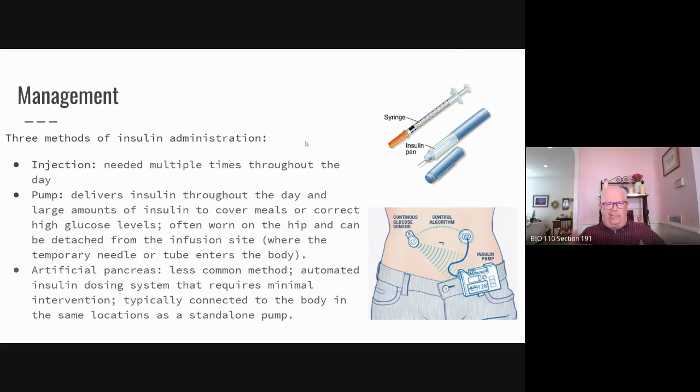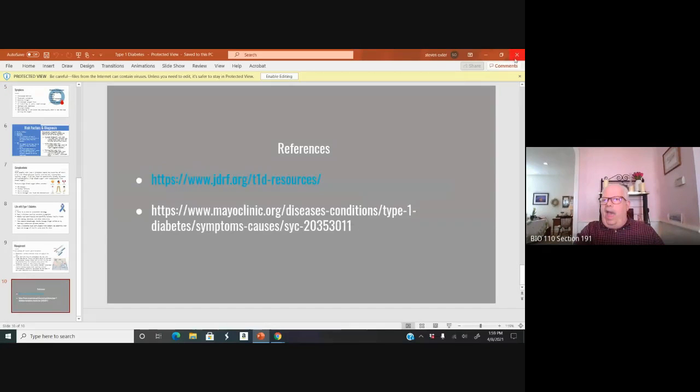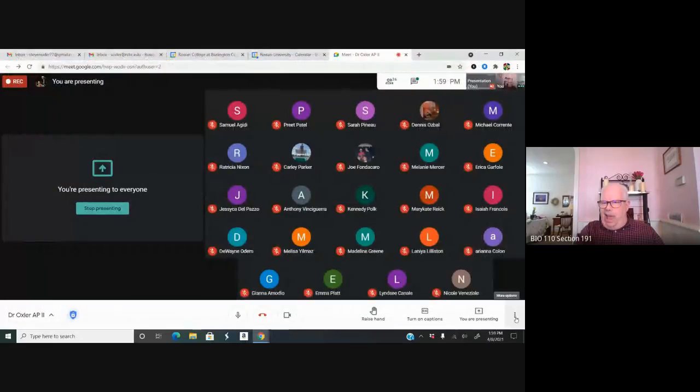And there are many types. I'm not going to go into the types, okay? But there are many types of insulin. And in today's world, you can also get a pancreas transplant, or an artificial pancreas, or an insulin pump. All right? And that is it.